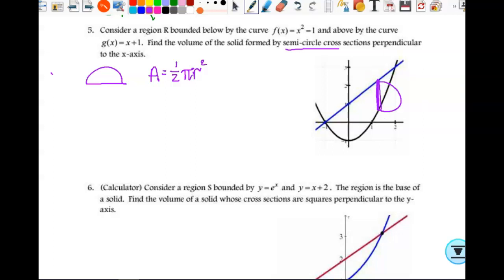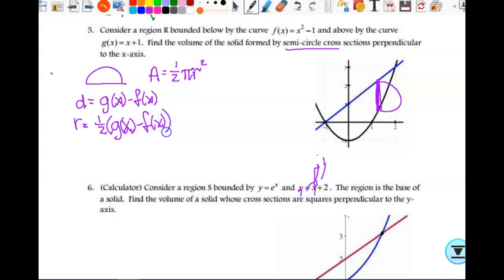How do I find the diameter? I would multiply the radius by 2, but I can find the length of the diameter: g of x minus f of x. So if I want the radius, that is half of g of x minus f of x.